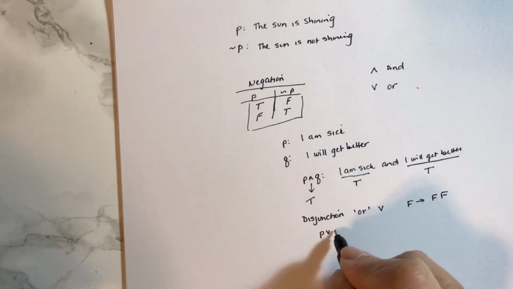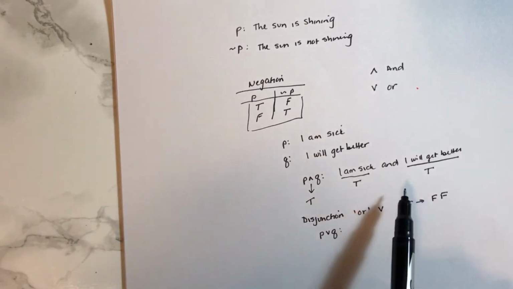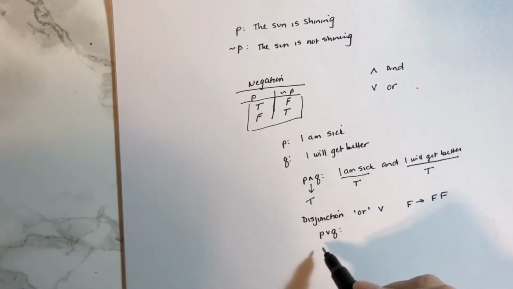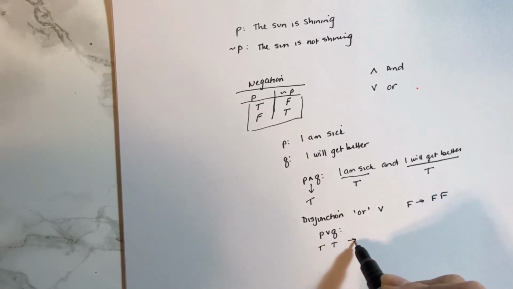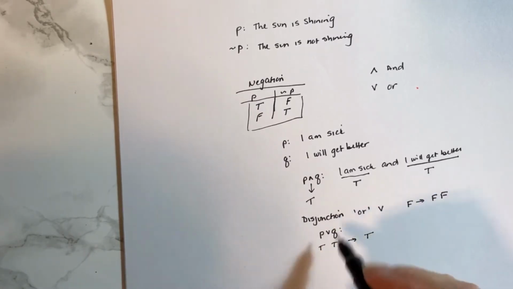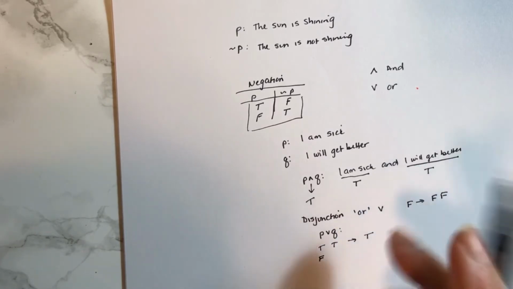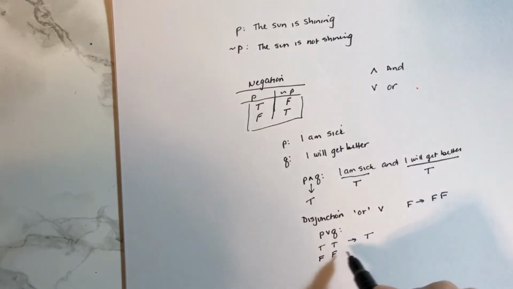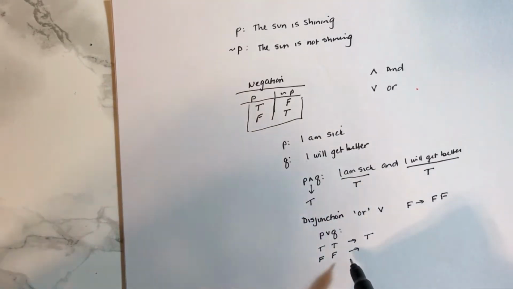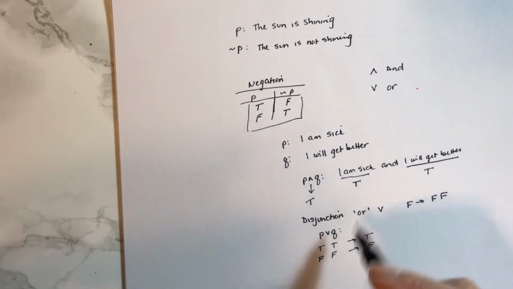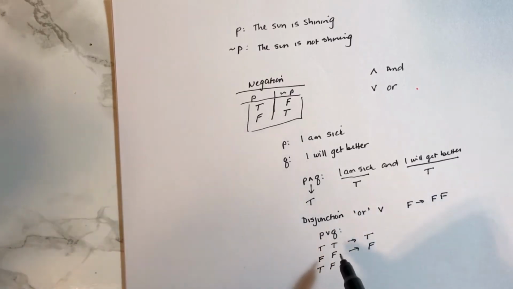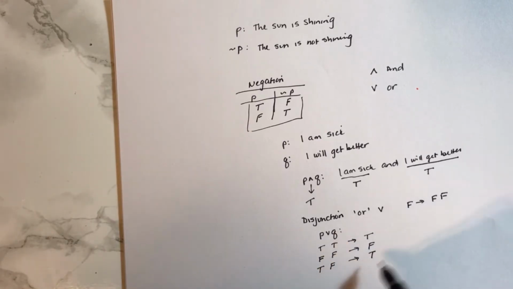If I say P or Q, okay, meaning I am sick or I will get better, one or the other or both. So if P is true and Q is true, then the whole thing is true. If I am not sick, well, I shouldn't say that. I am sick is false and I will get better is false. Then because they're both false, the whole thing is false. If I am sick but I will not get better, then when I say I am sick or I will get better, that makes it true, and so forth, okay?